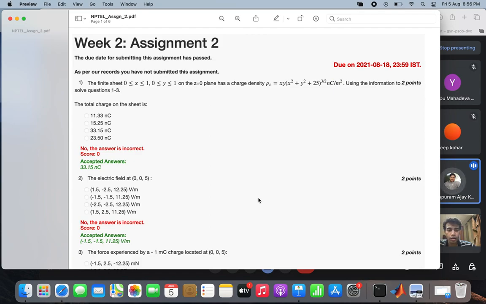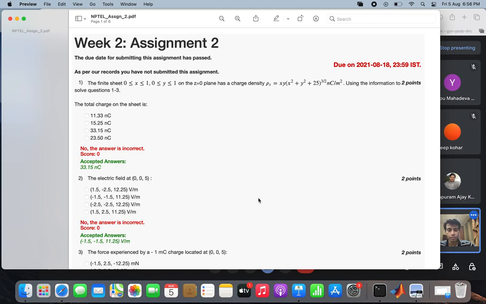Sir, what is the difference between spherical shell, hollow sphere, and uniformly charged sphere? These words are a little confusing. I see. Let me start with the uniformly charged sphere.